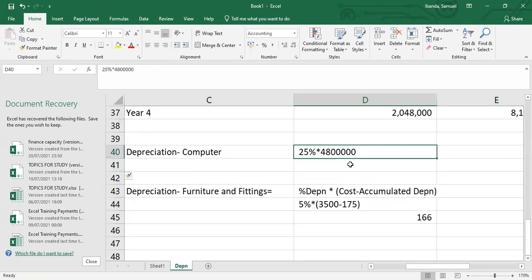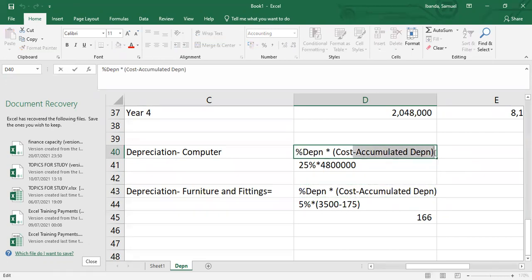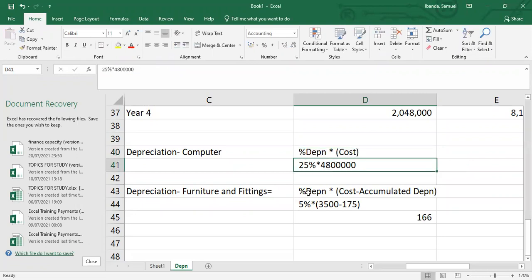Of course, you can even go ahead and write the formula for the examiner. You can say that if it's straight line depreciation, it is just depreciation times the cost, which is 25% times the 4.8, which gives us an answer of 1.2.